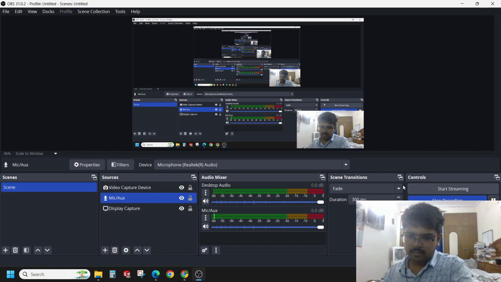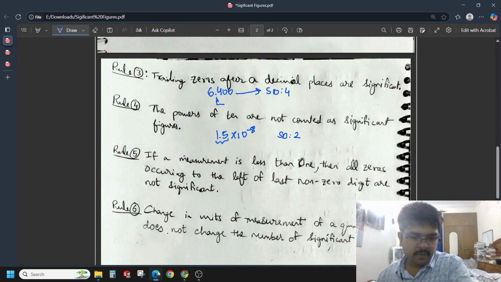Suppose we have 0.0042. What is the last non-zero digit? It is 4, so the zeros before 4 are not significant. So the significant digits are 4 and 2.